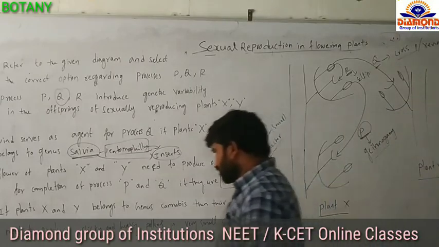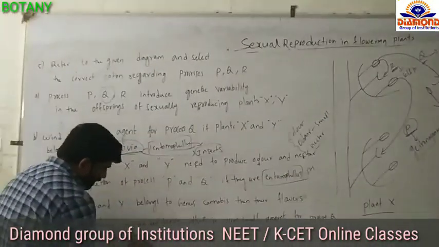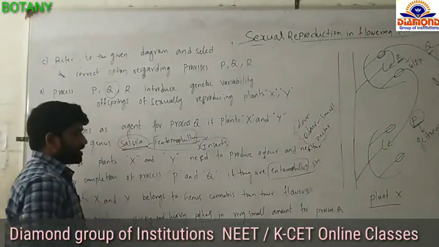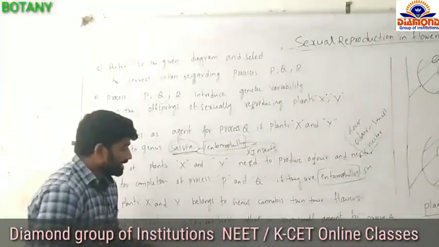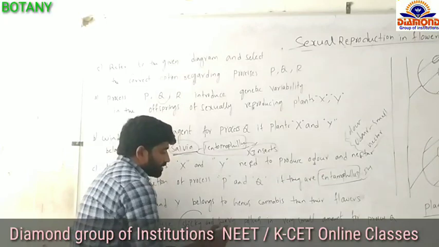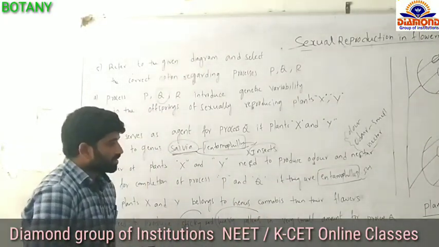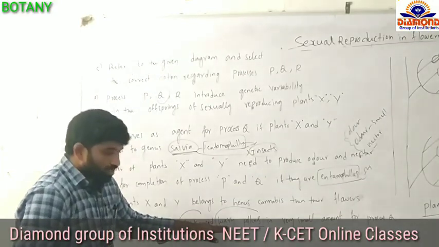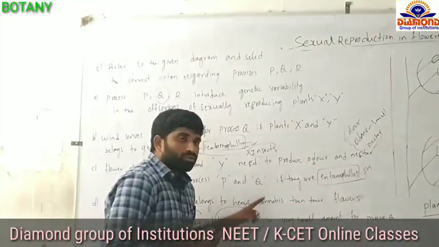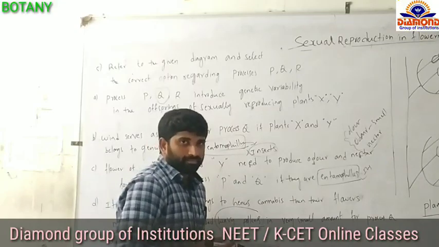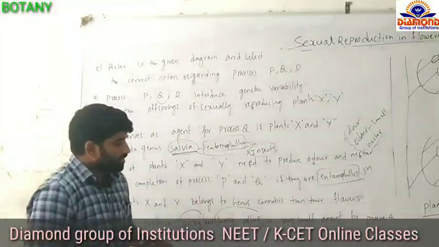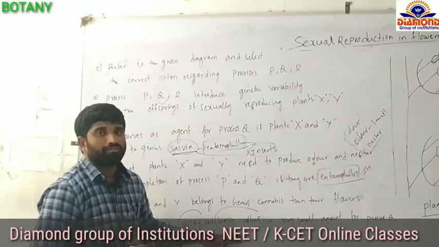The characters of entomophilous flowers are that pollen grains are sticky, and also heavy, because these pollen grains have to be carried by insects. When the wind carries the pollen, the grains are weightless.